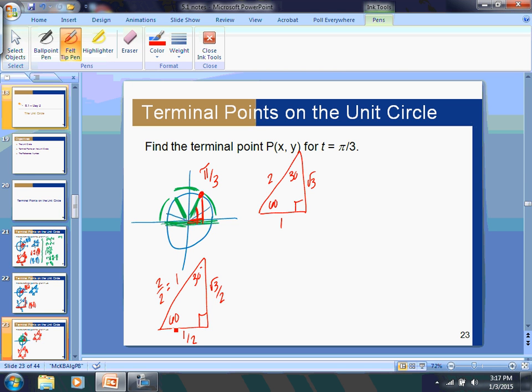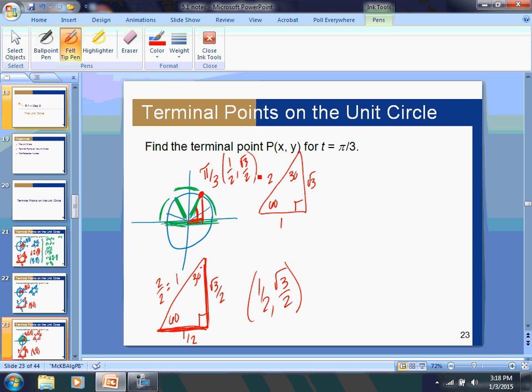So instead of going over square root of 3 over 2 and up 1/2, now I'm going over 1/2 and up the square root of 3 over 2, sorry. So that's going to be my terminal point for the pi over 3. So it's basically the reverse of pi over 6.